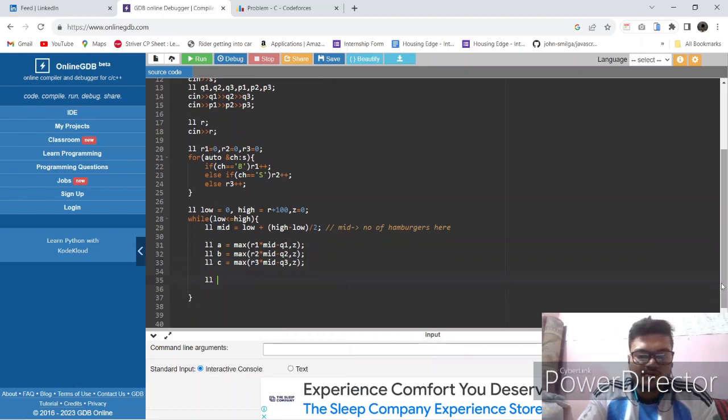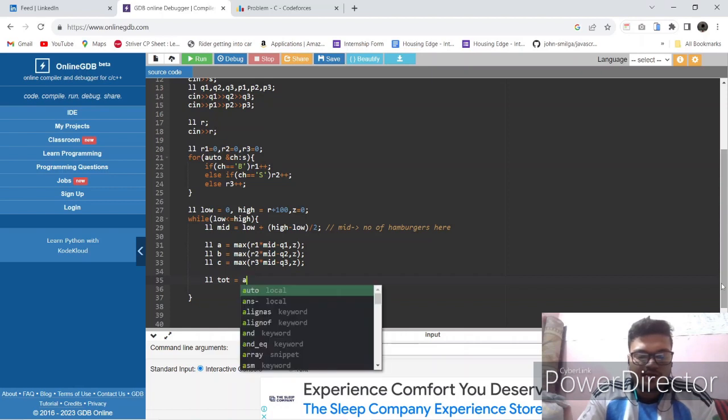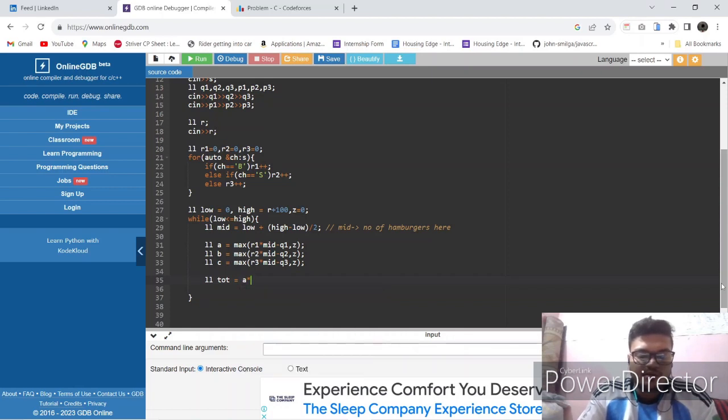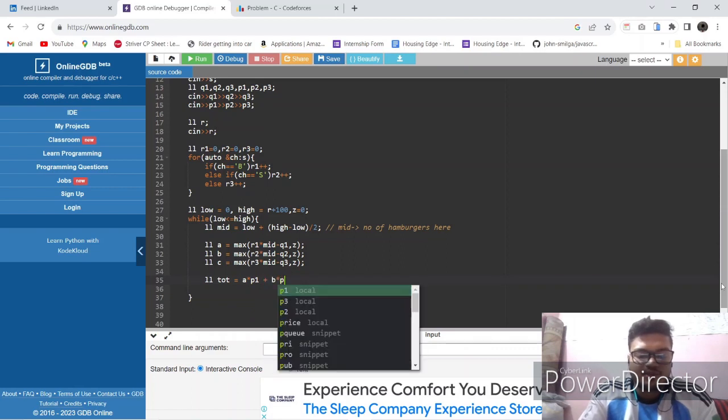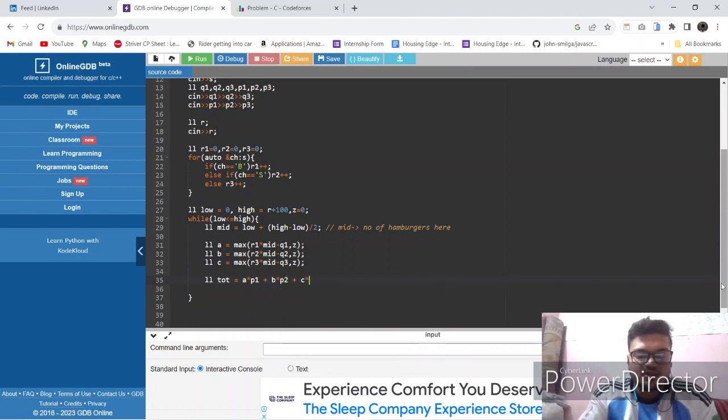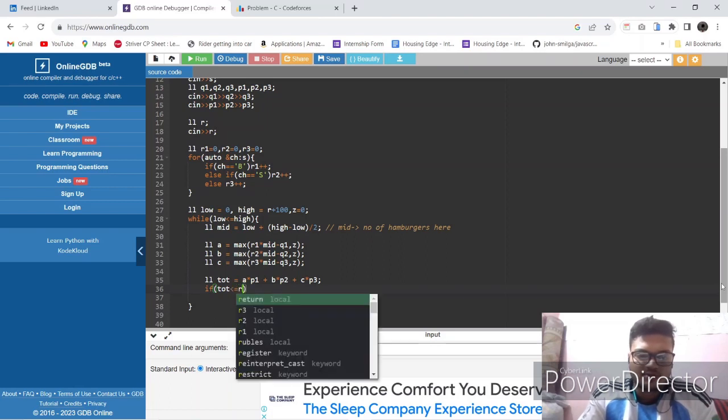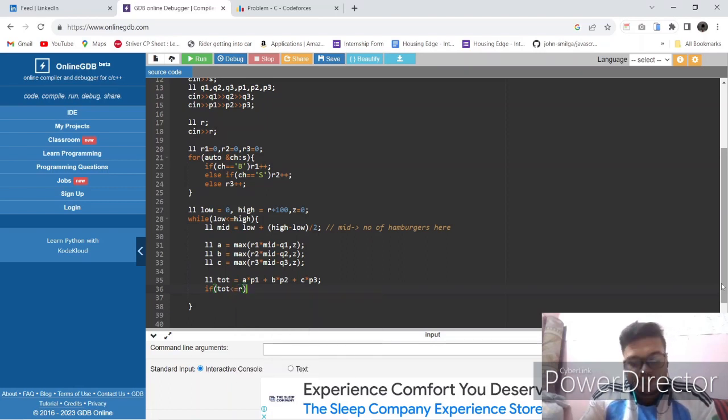So we'll take a variable tot, taking all the current ratios: A into the price of each element, P1 plus B into P2 plus C into P3. We will see if the current total is less than or equal to the rubles we have, we can make more hamburgers.